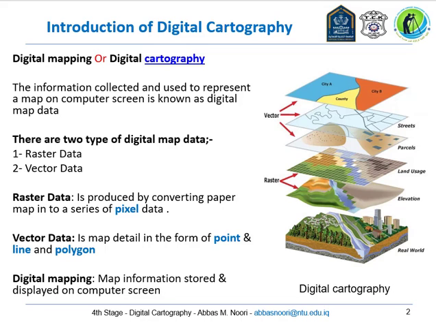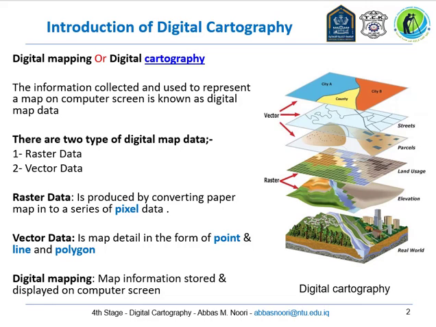Okay. There are two types of digital map data, which are raster data and vector data. In cartography, we have just two types of data.